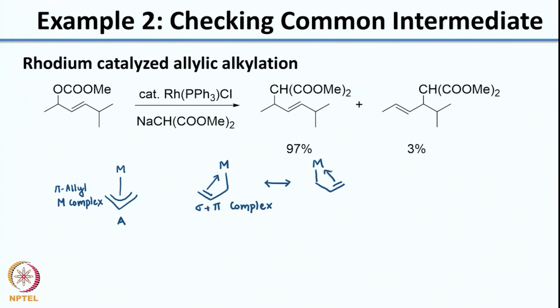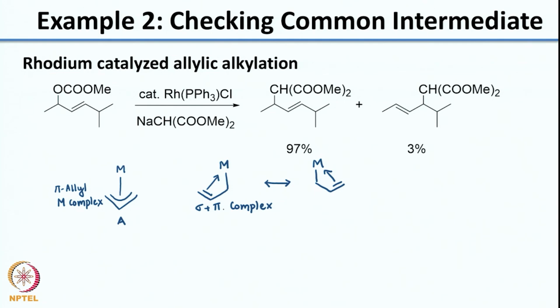In this case you have a vinylogous carbonate here. Once the carbonate group leaves, your allylic molecule can form a complex with your rhodium. So, this ligand can form either a pi allyl complex or a sigma plus pi allyl complex.